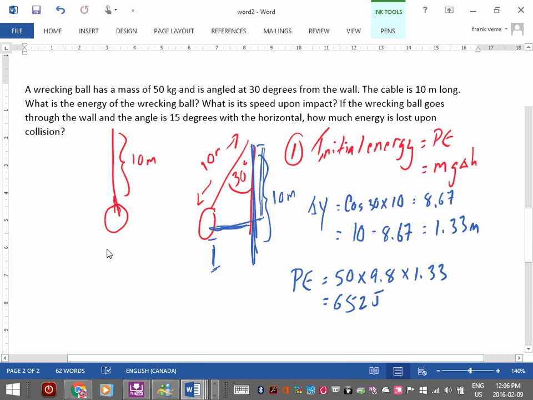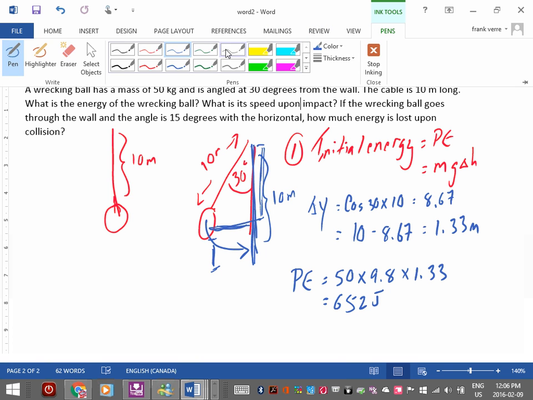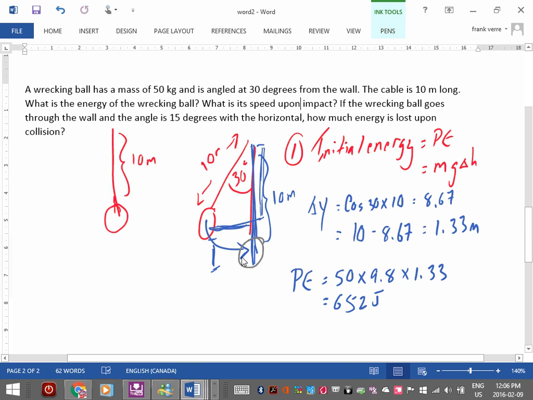When the wrecking ball is released, it's going to swing down, and its maximum speed will be upon impact, right here. This will be its max speed.